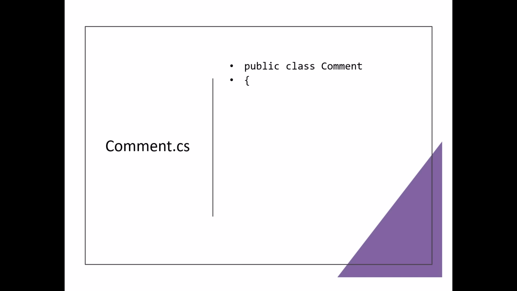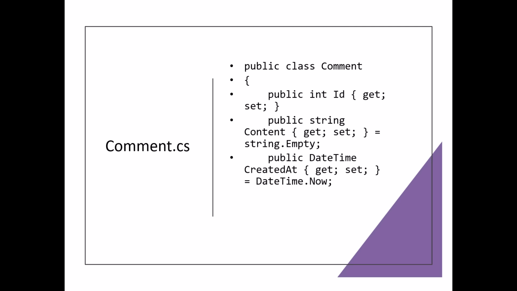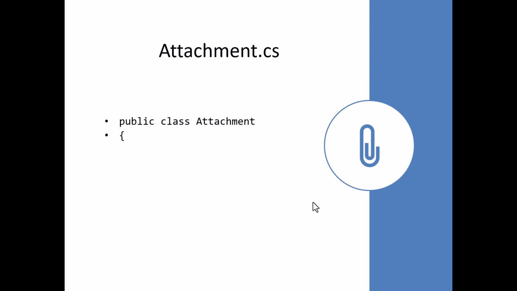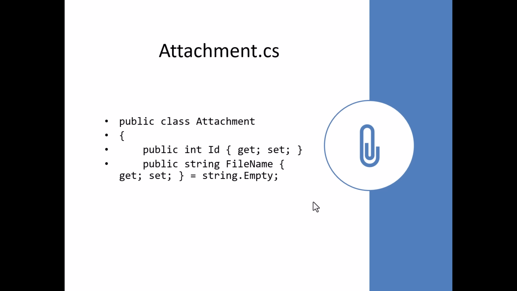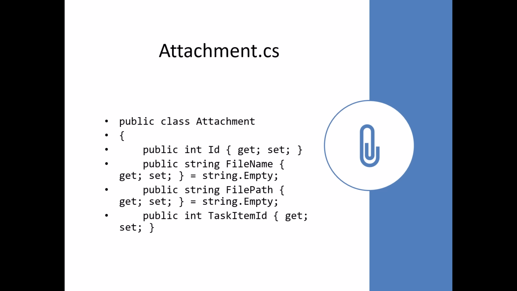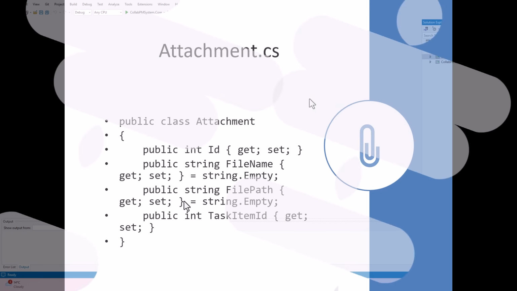Comment represents a comment on a task. It has content, created at timestamp, and reference to the task item ID. And finally, we have the attachment class. It represents a file attached to a task, and it stores file name, file path, and task item ID linking to the task.